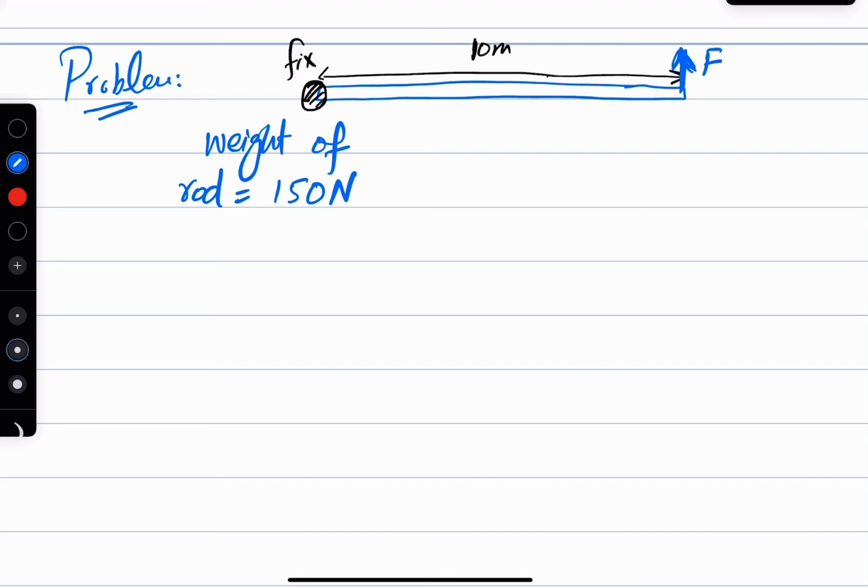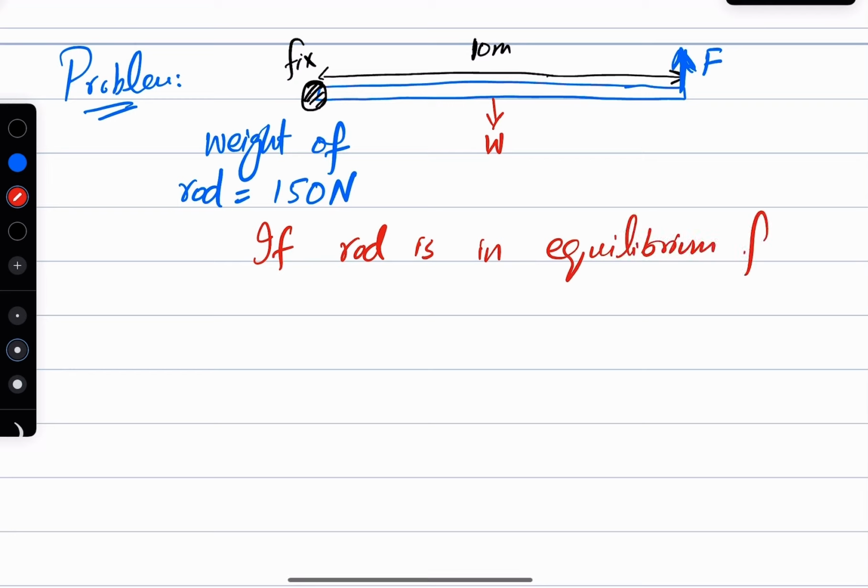What we have to do in this: the weight will always act in the middle, so the weight will be at the center of the rod. So we have to find, if the rod is in equilibrium, find F.